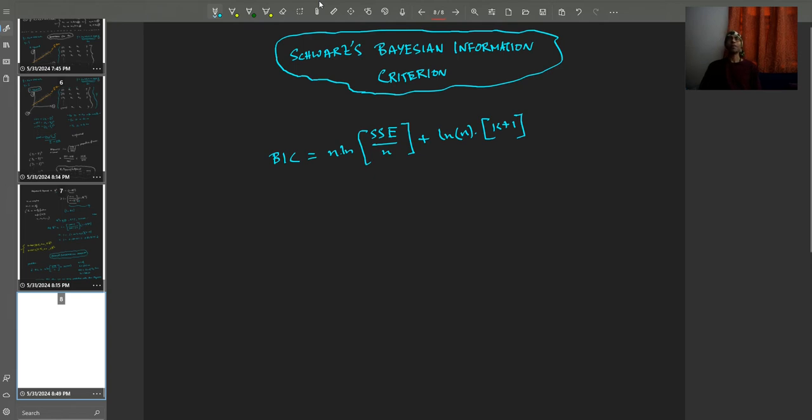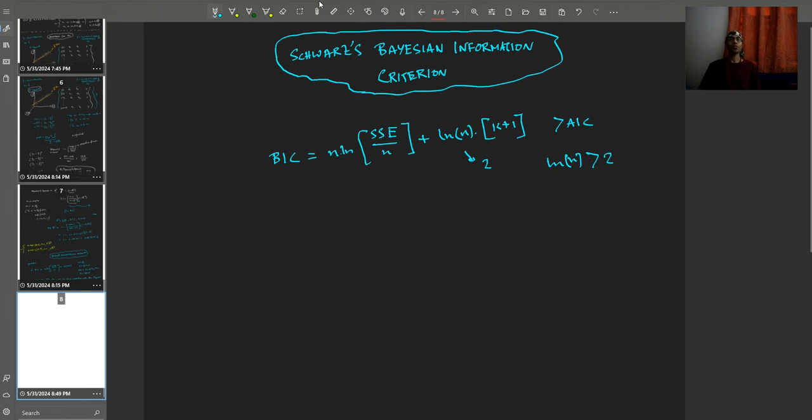Now, this number tends to be greater than AIC generally, because in AIC, instead of log of n, we have a 2. But even for small values of n, ln n tends to be greater than 2. So that's why BIC tends to be greater than AIC.